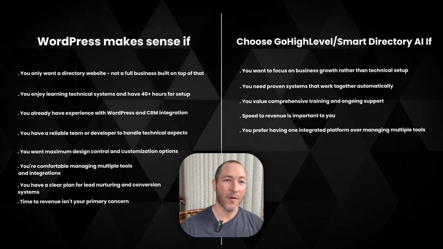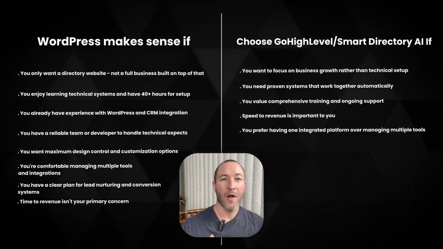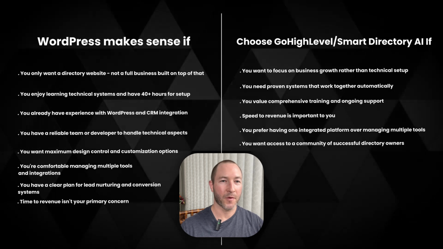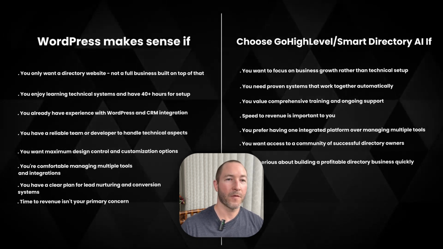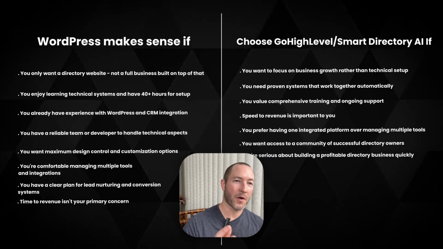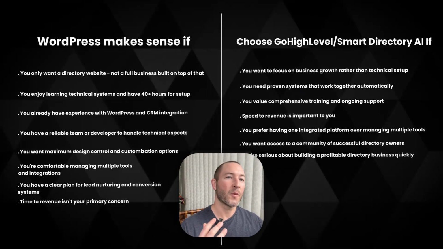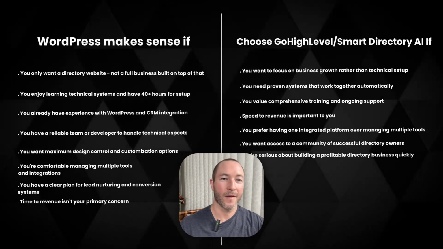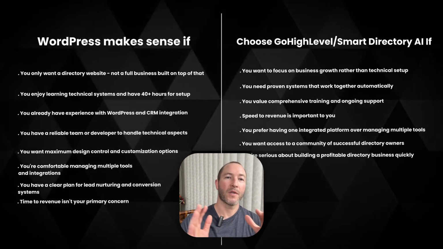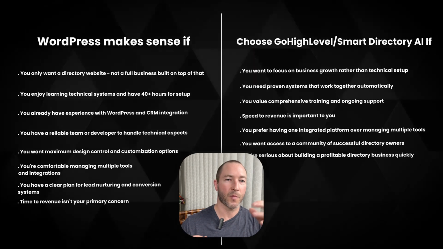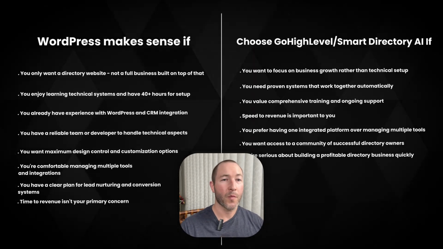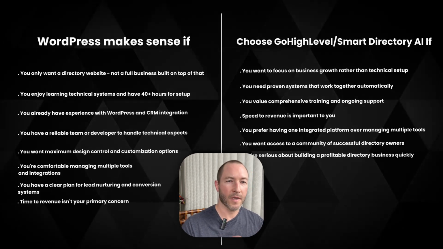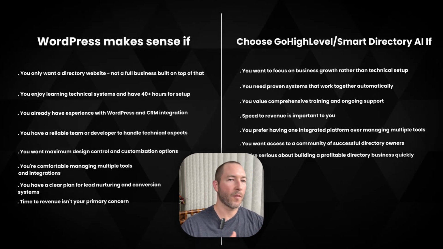Also, if you prefer having one integrated platform over managing multiple tools, if you want access to a community of successful directory owners and agency owners, if you're serious about building a profitable directory business quickly, then you want to choose GoHighLevel. Because when you're choosing GoHighLevel with Smart Directory AI, you're not just choosing a website builder, you're choosing your complete business infrastructure and support system. And if you're choosing WordPress, you're choosing the directory first approach. That is, the website without as much consideration of the back-end business.